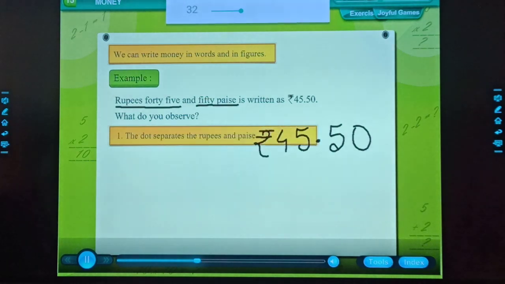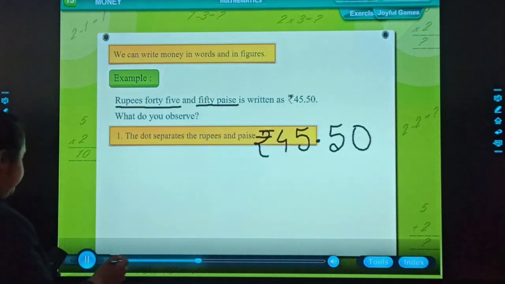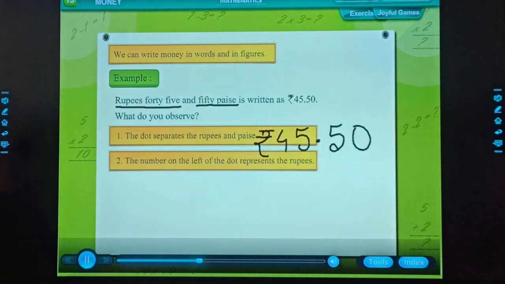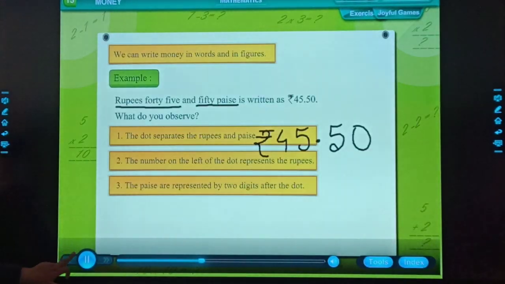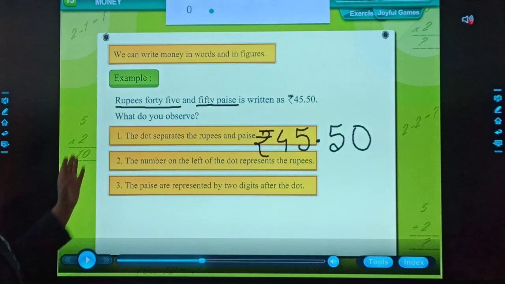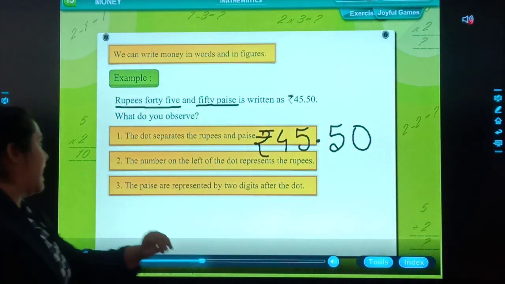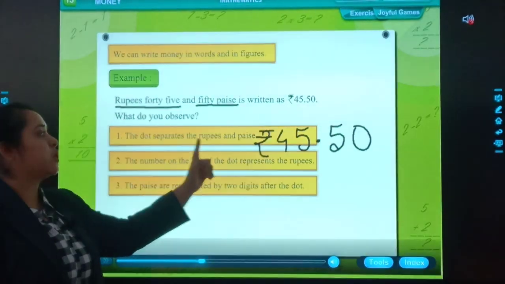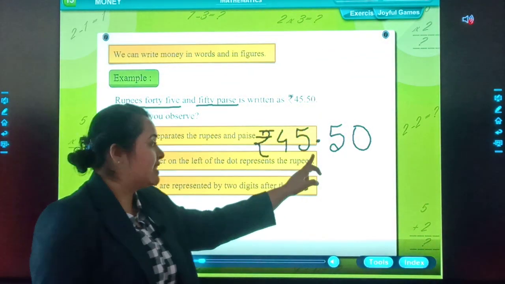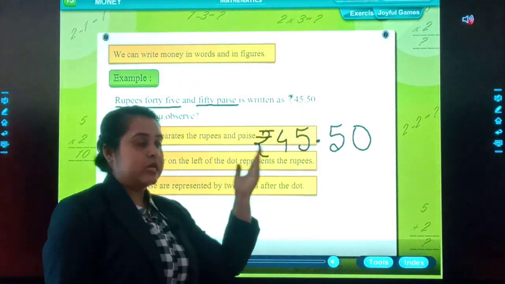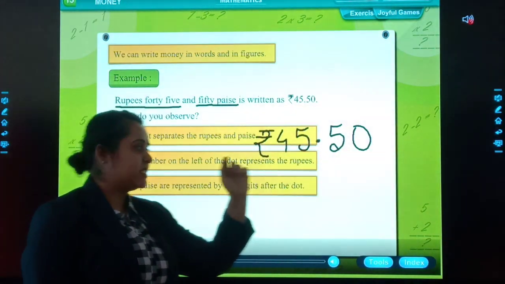Observe, the dot separates the rupees and paise. The number on the left of the dot represents the rupees. The paise are represented by the number on the right. So what do you observe by these numbers? We observed that the dot separates the rupees and the paise. The decimal separates rupees and paise.